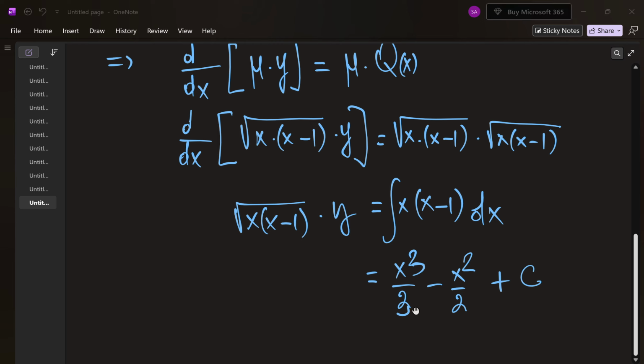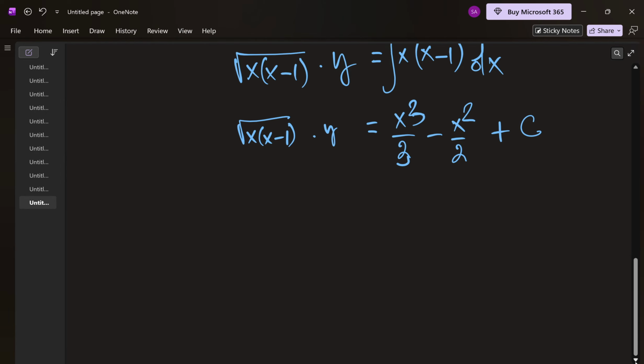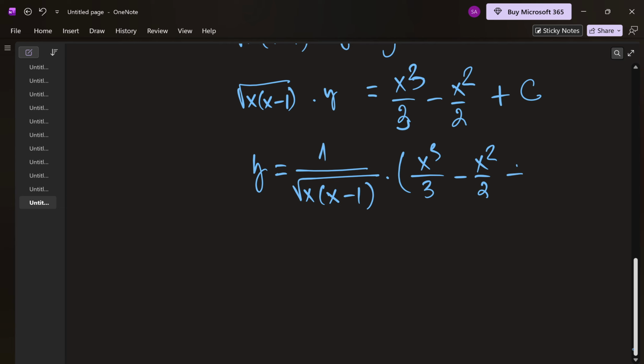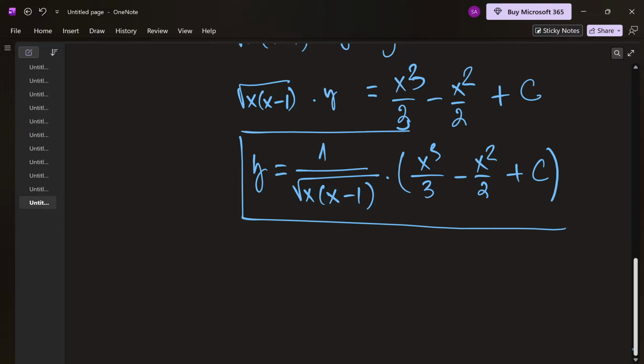And next you divide by the integrating factor, the square root of x times (x minus 1). So the final answer that we are looking for is y is equal to 1 over the square root of x times (x minus 1), times x to the power 3 over 3 minus x squared over 2 plus a constant c. So this is the final answer.